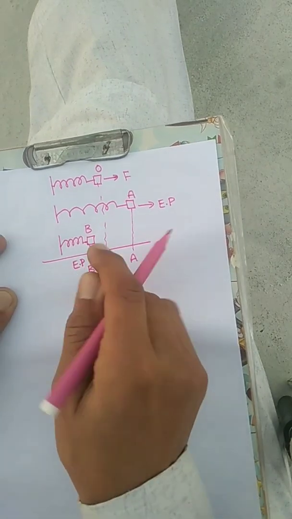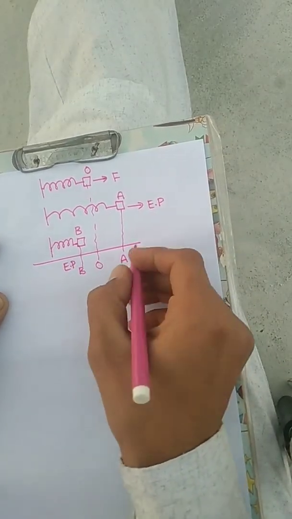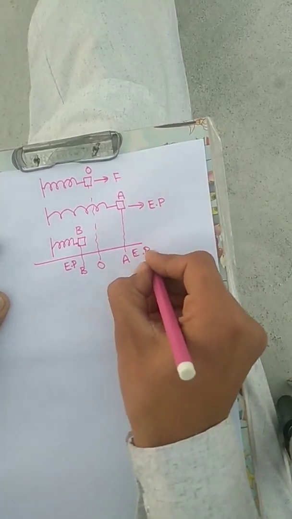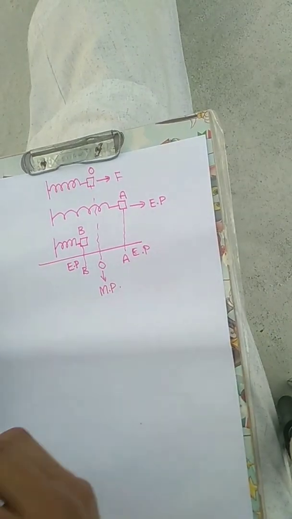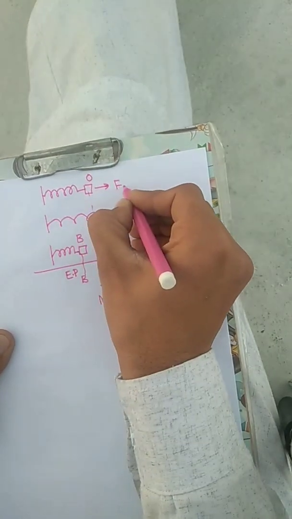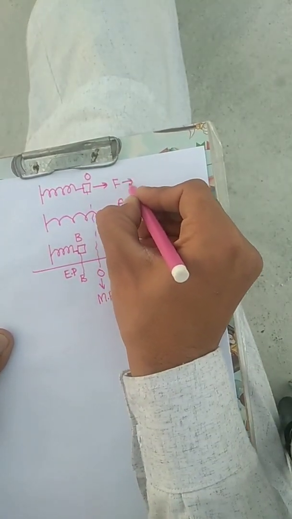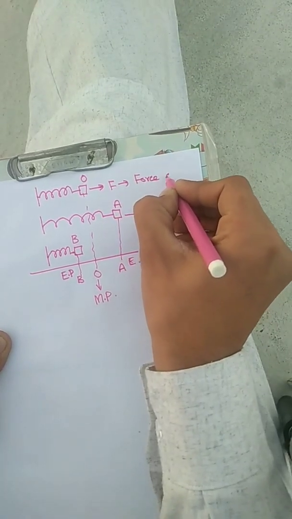So we can say that in a mass spring system there are two extreme positions, A and B, and one mean position, which is O. When we stretch this mass spring system, the force which we apply is known as force applied or applied force.